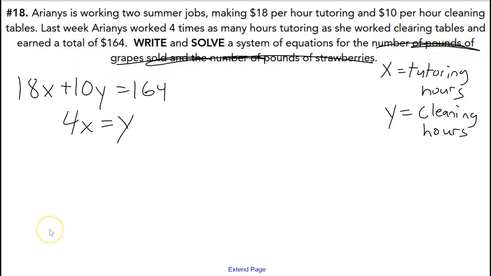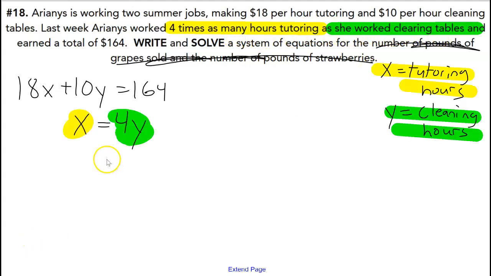So what you want to do is do four times that. All right? So you might think four times as many hours tutoring, and you do four times x. But no, it's four times as many hours tutoring as she worked clearing tables. So the real thing you want is the x first, equal to the y. So the 1 hour tutoring is equal to four times as many clearing tables.